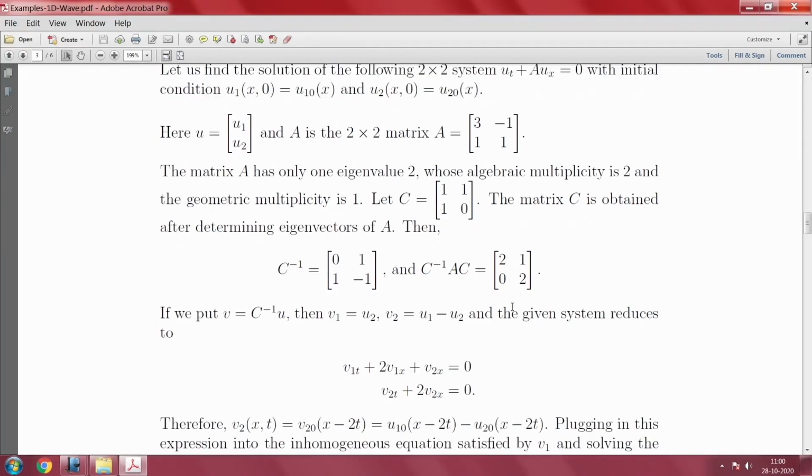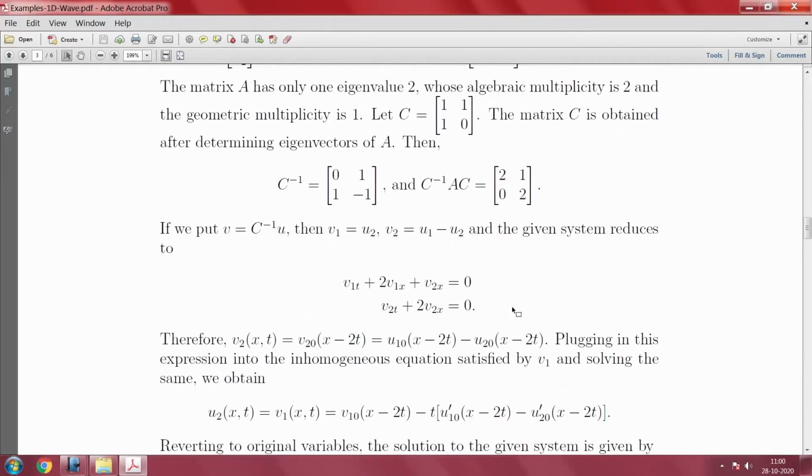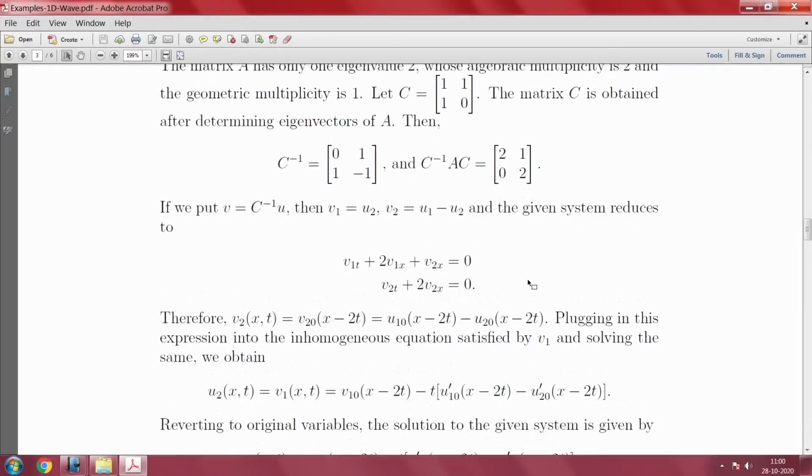And now, as we did, so we write V equal to C inverse U, and so the two components V1, V2 of V, they satisfy these two equations.